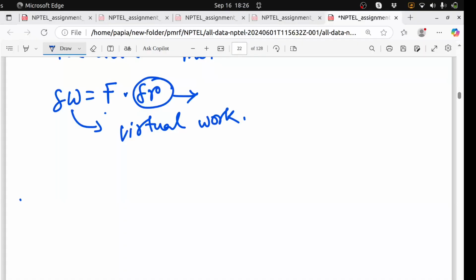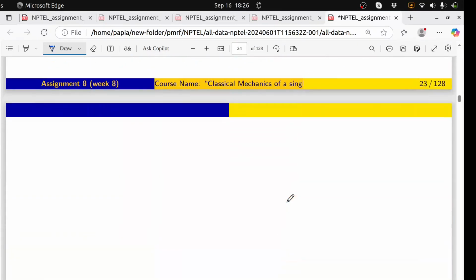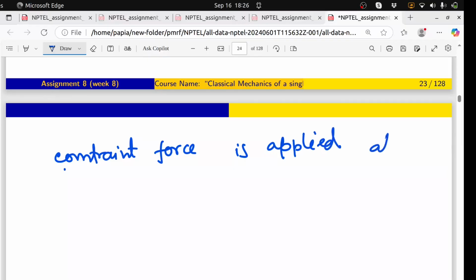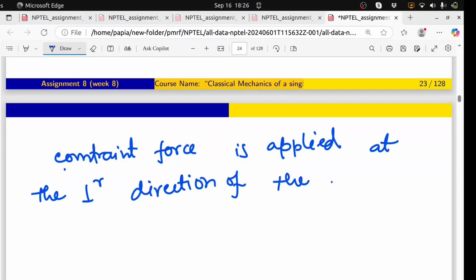The main thing is that the constant force is applied in the perpendicular direction of the virtual displacement.